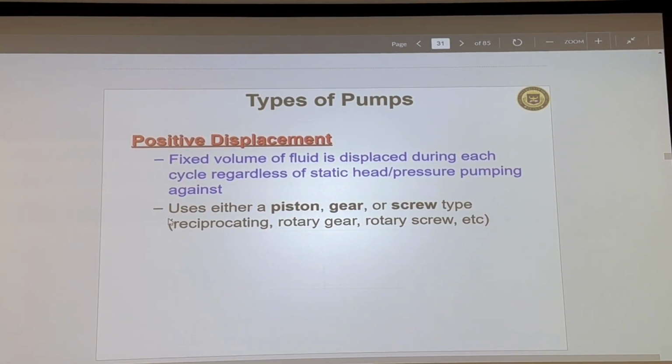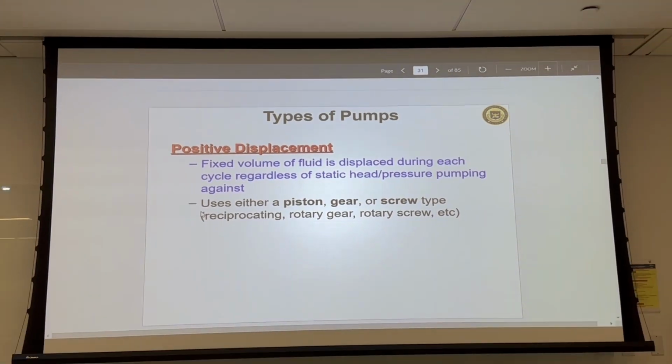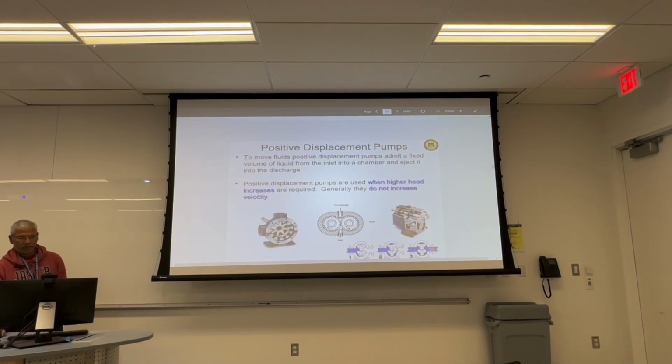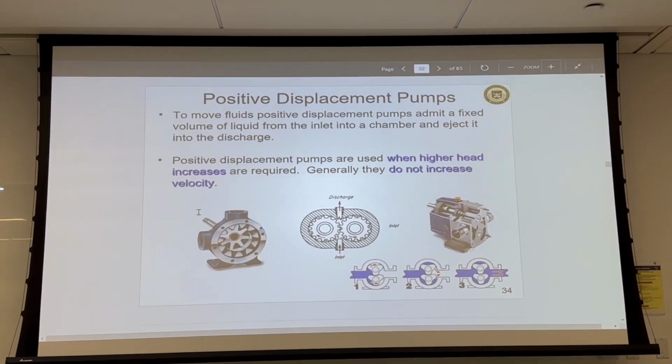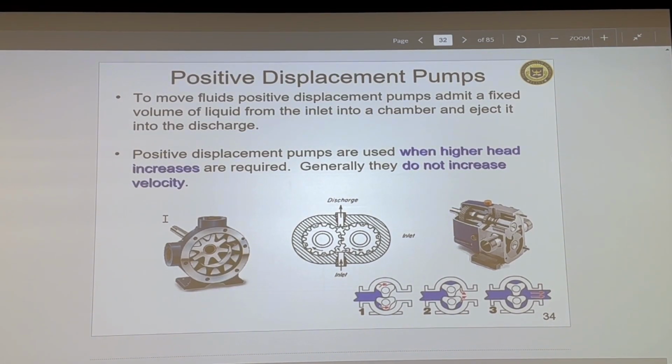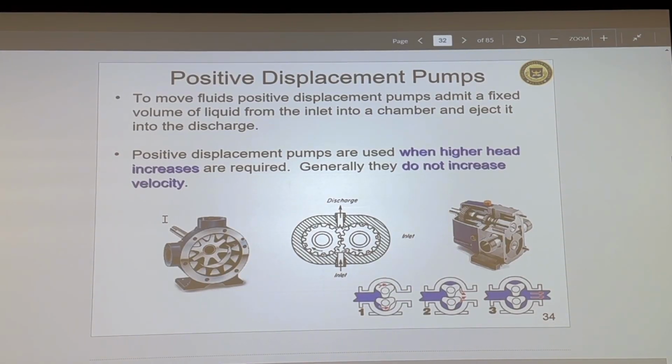Typical mechanisms for positive displacement are a piston type pump, a gear pump, and a screw pump. These are all examples of positive displacement. And here are pictures of positive displacement pumps. One thing I want you to know: positive displacement pumps are expensive because you need a lot of precision.